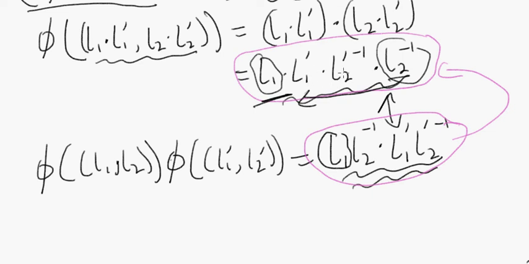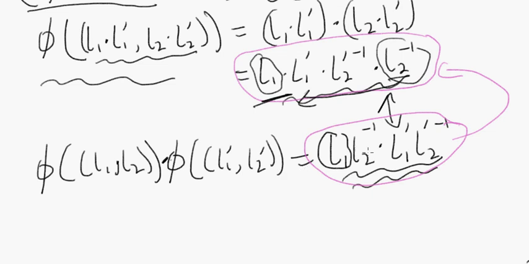Basically, if L is abelian, do you agree that that would imply that phi of L1 L1 prime times L2 L2 prime is the same as phi of L1 L2 times phi of L1 prime L2 prime? Right?